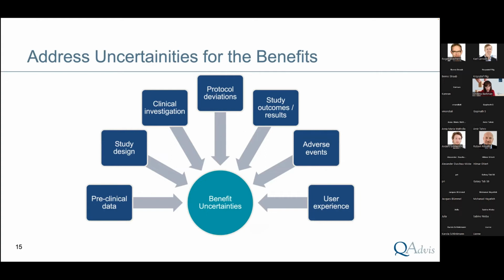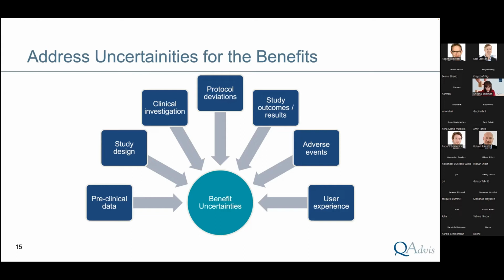You can have some uncertainties coming from the study design or from the clinical investigation itself, on how many patients have been enrolled, what's the percentage of subjects that were lost to follow up, protocol deviation, how were the adverse events defined and documented, and follow-up duration, and so on.